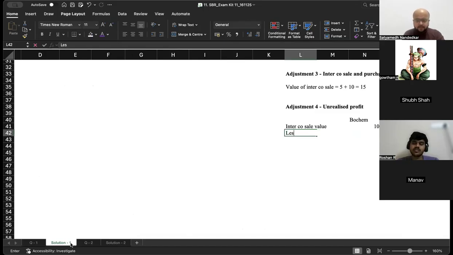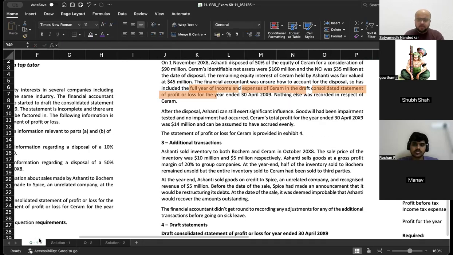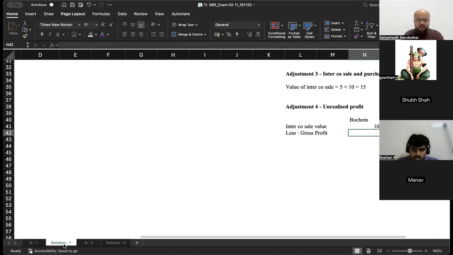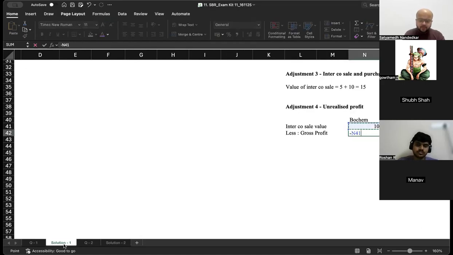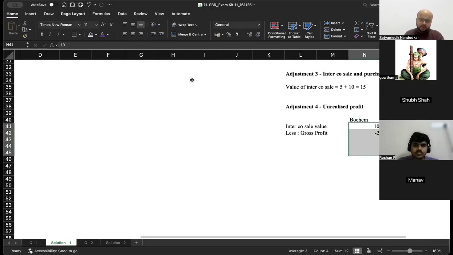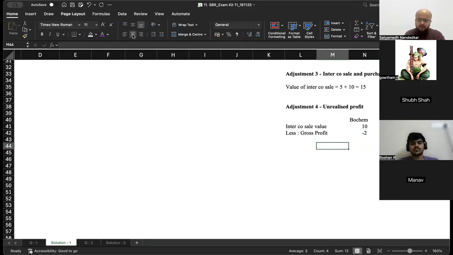Here I must see no inventory left, right? Wait, we'll do that. Gross profit is how much? 20%. This into 20%. Now, the fact in this question, what is the cost of goods sold?